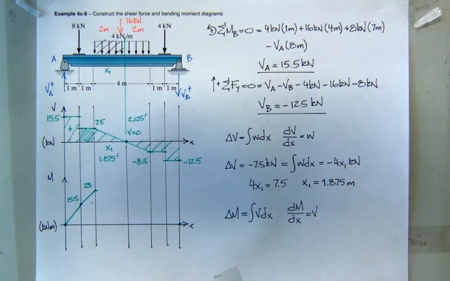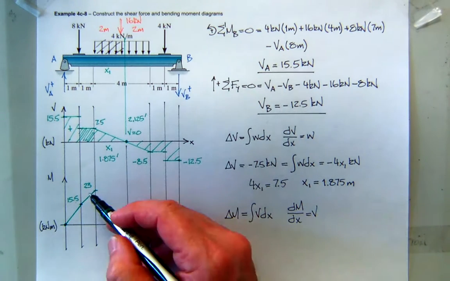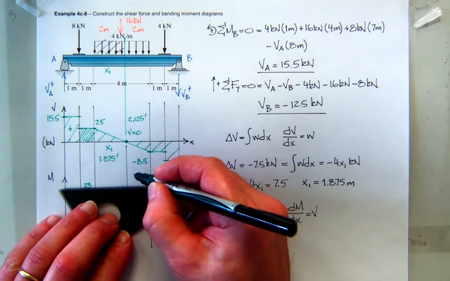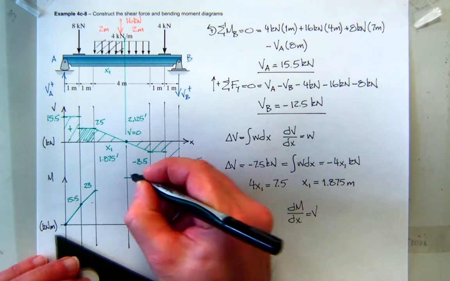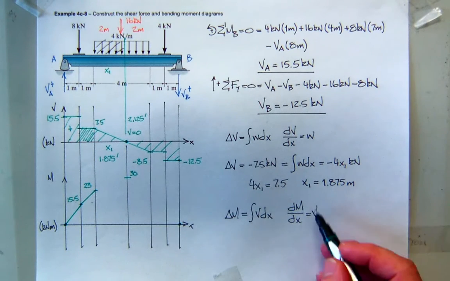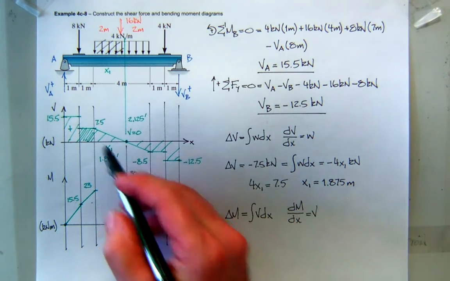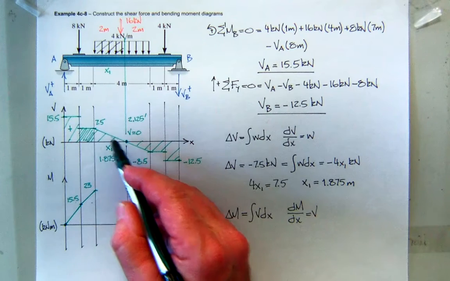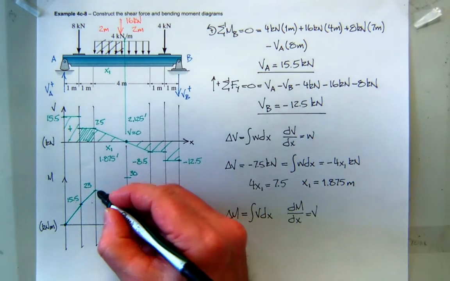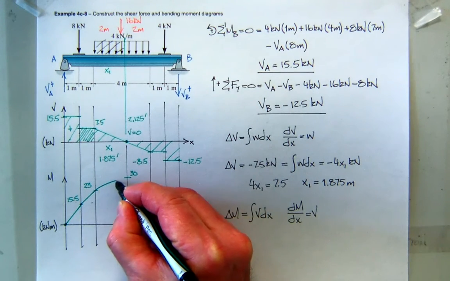What's that? 7.03. Add that to 23. What do you get? 30. Oh, how convenient. 30. The slope of the moment diagram is the shear. The shear starts off at a positive slope and decreases to 0, so I have this slope decreasing to 0.